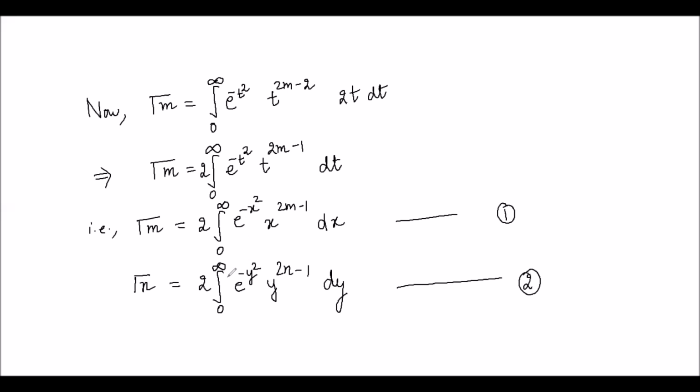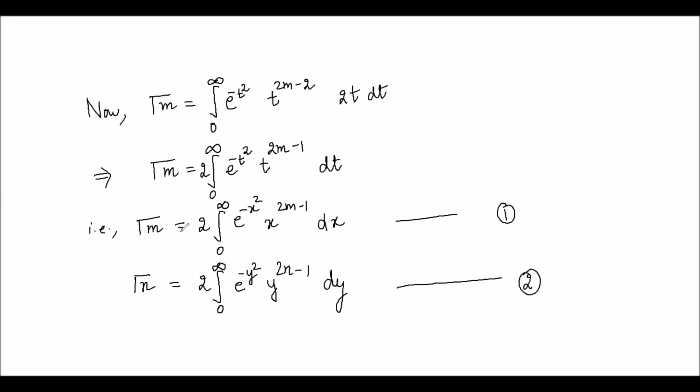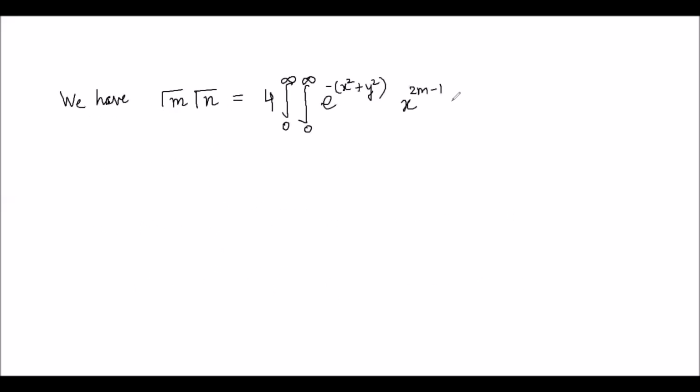So when we will be considering the product, it will be e whole raised to power minus x square plus y square, and x raised to power 2m minus 1, we have this one in equation 1, and in equation 2 we have y raised to power 2n minus 1, and we have here dx dy.